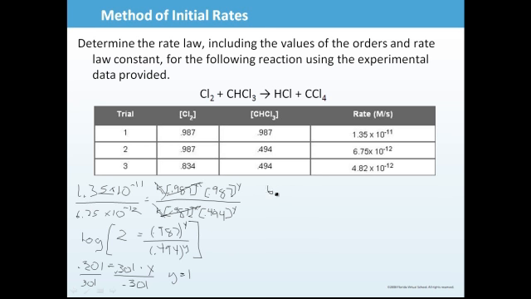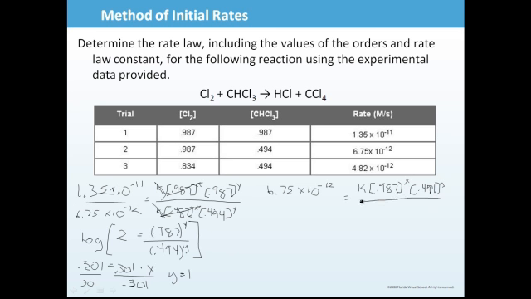So if we do a comparison between those two, we got 6.75 times 10 to the negative 12 equals K. The concentration was 0.987, again to X, and then we multiply that by the 0.494 to Y.